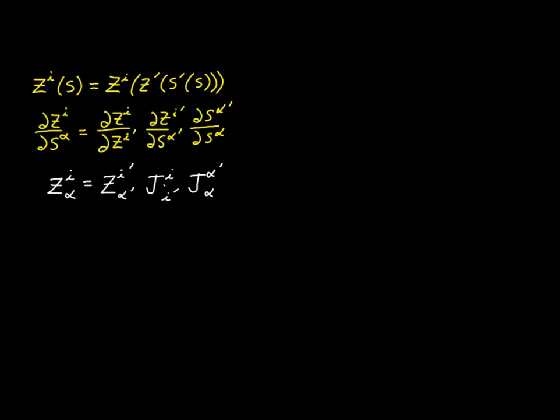This term, j, i prime, will have 9 components because i and i prime can each be 1, 2, or 3. But the alpha prime index matching this one matches a Jacobian that has only 4 components because alpha and alpha prime can only be 1 or 2. Alright, but in any case, we have proven that we have a tensor here.